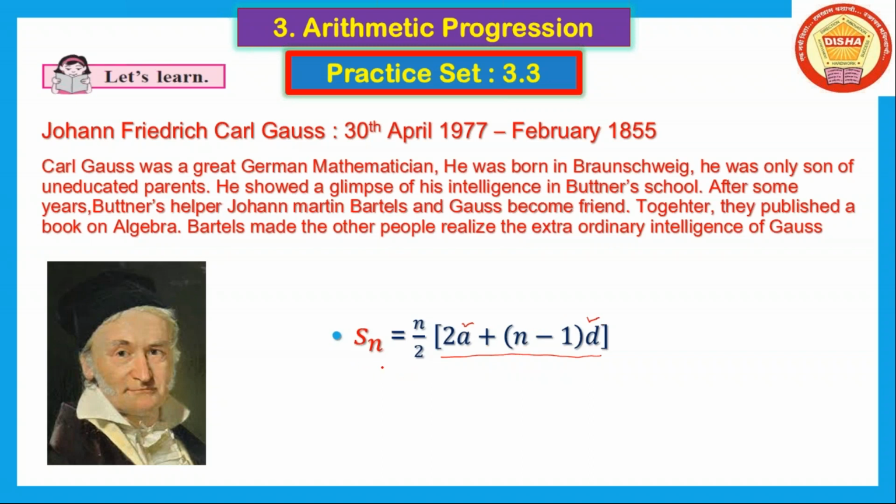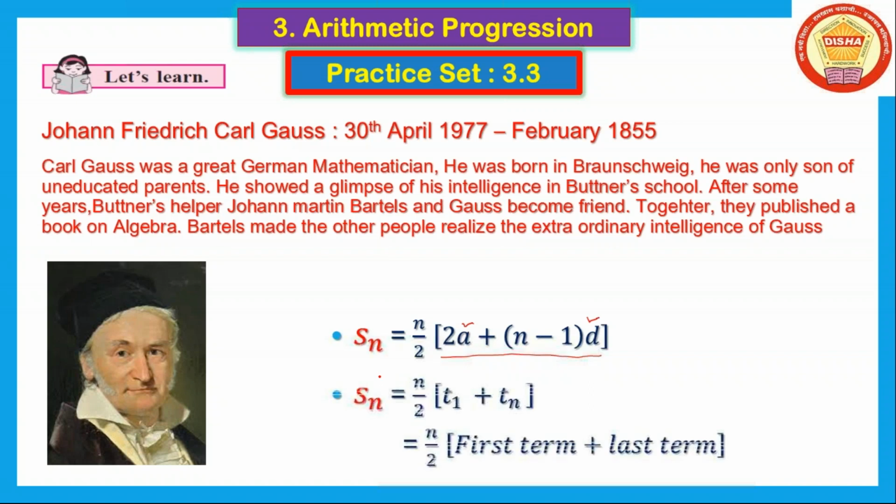Means he introduced this formula. Again there is one more formula that we modified: Sn is equal to n upon 2 in bracket t1 plus tn. Means we can again find the sum of n terms in a given AP by using n upon 2 in bracket first term plus last term.